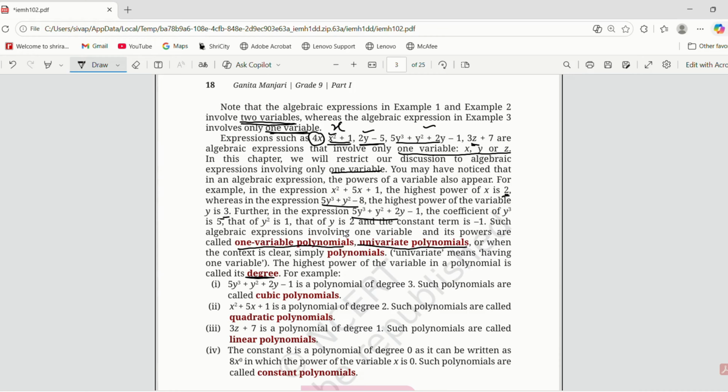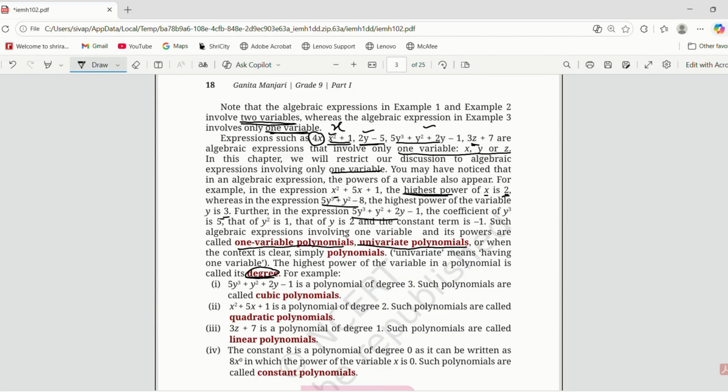Here, the highest power of the variable y is 3, or the highest power of x is 2. Instead of using the words highest power, they use the term degree. Whenever they ask what is the degree of this expression, we have to search for the highest power. So highest power means degree, and degree means highest power here.